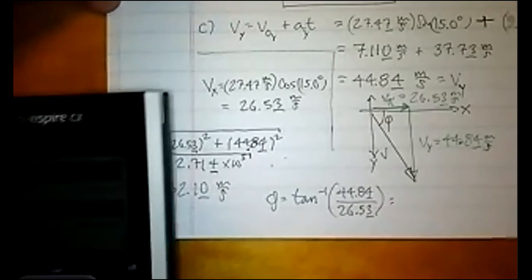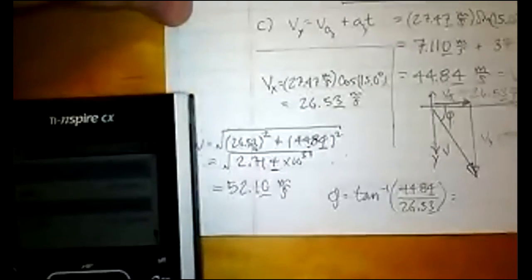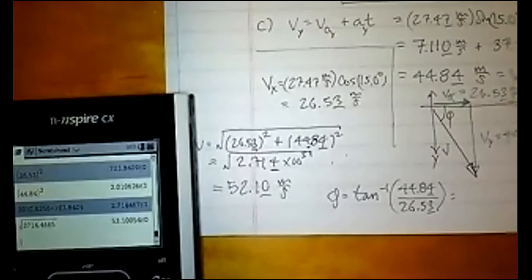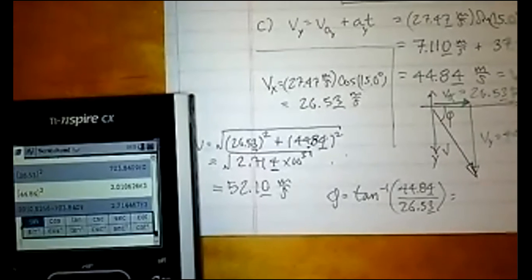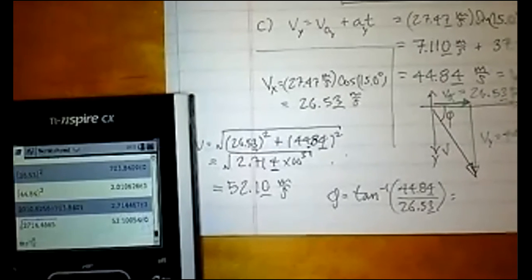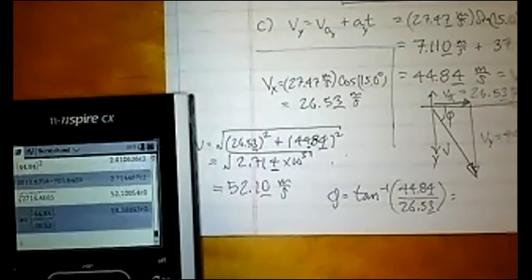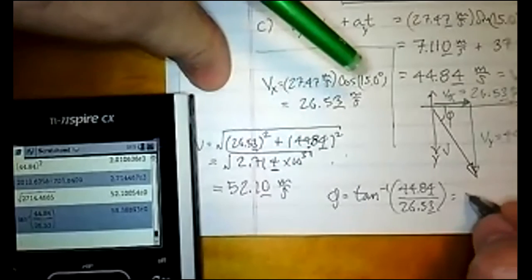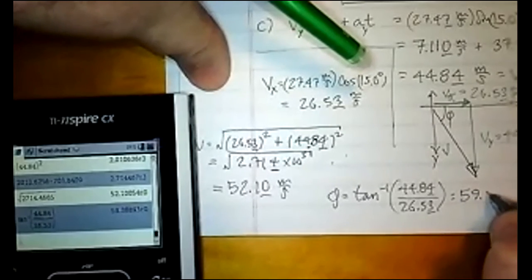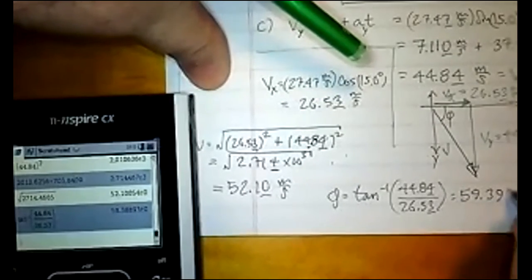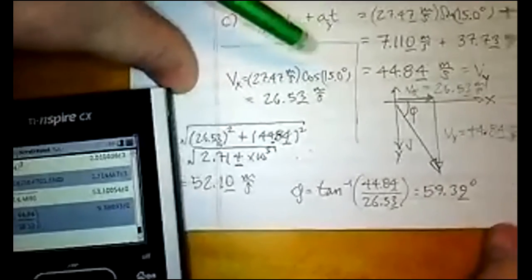And when I take the inverse tangent of that, I get trig function tangent inverse 44.84 divided by 26.53, and that gives me a pretty big angle. That's 59.39, 1 extra sig fig.